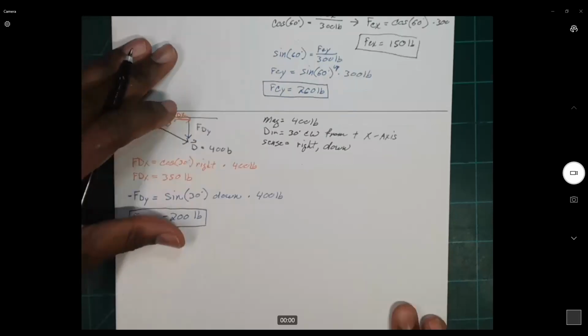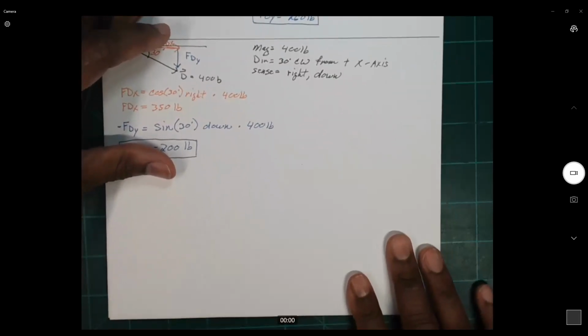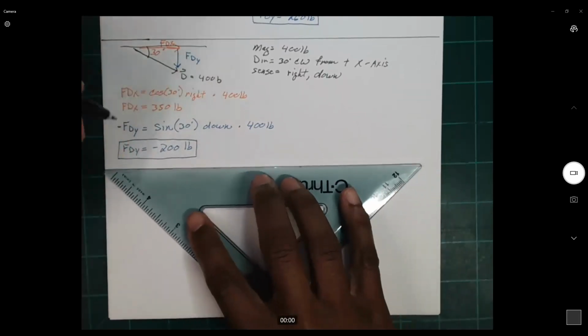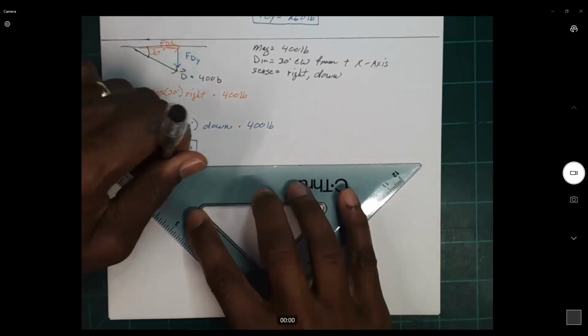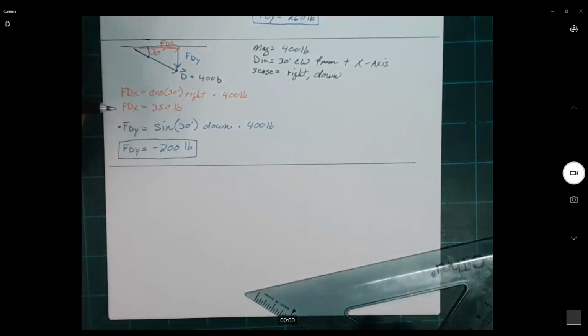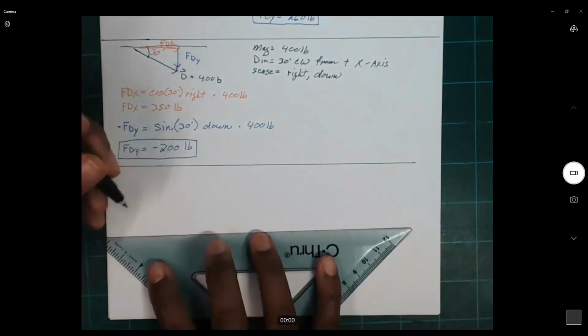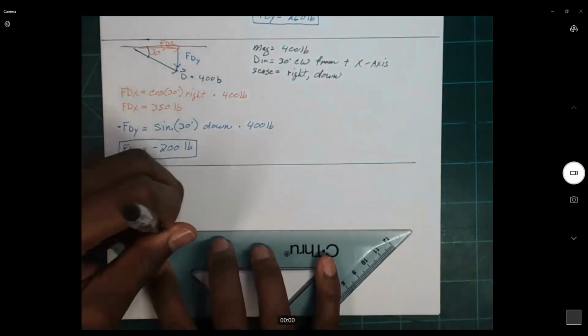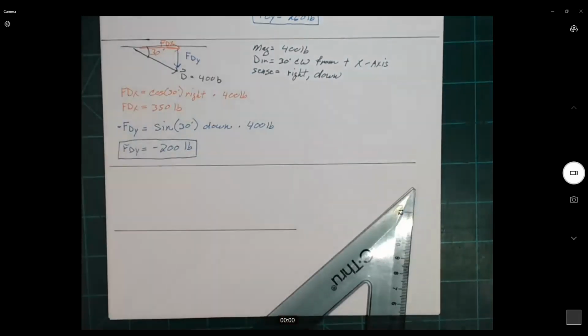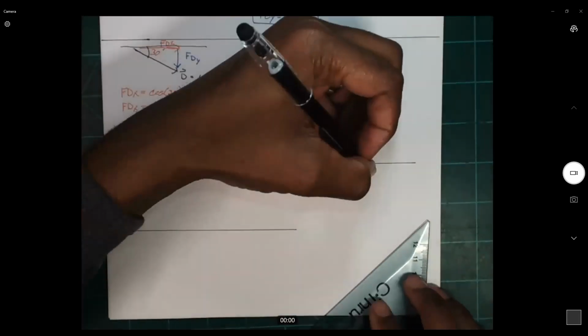May have to get another sheet of paper. Okay, so we're going to draw our x-axis. What I'm going to do first, I am going to draw my table.